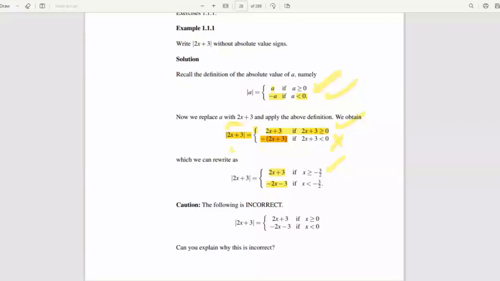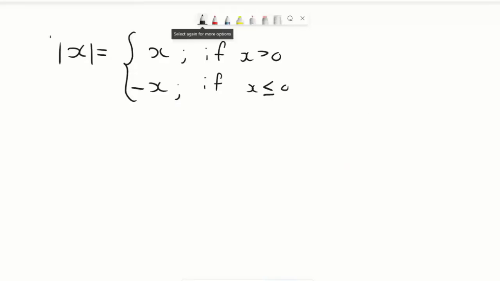So let me just try and write this here, guys. So if you look at this part here, it becomes minus 2x minus 3 if x is less than minus 3 over 2. They get it from this part here. So let's just go to that part again.